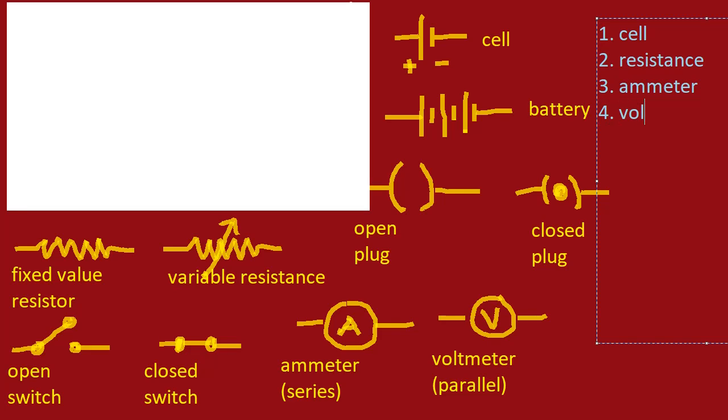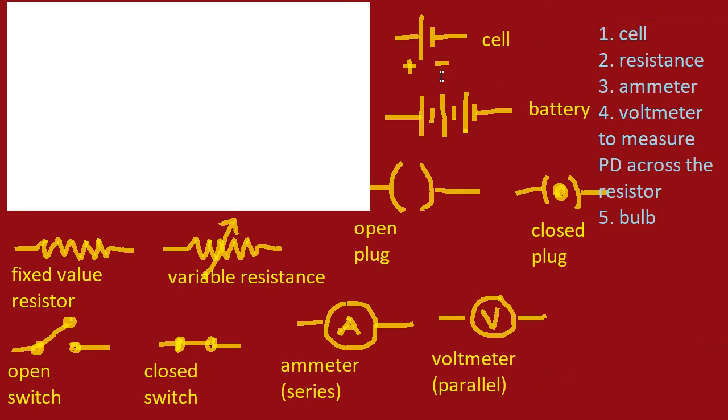We need a voltmeter to measure the potential difference across the resistor, and we may require something else also. We may require a bulb, right? So maybe these are the things that we need in our circuit. We'll just see how to draw this circuit very quickly.